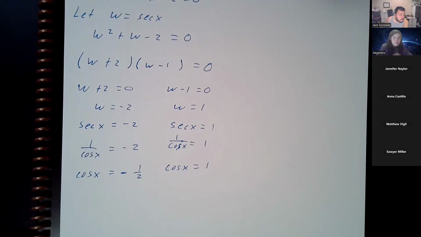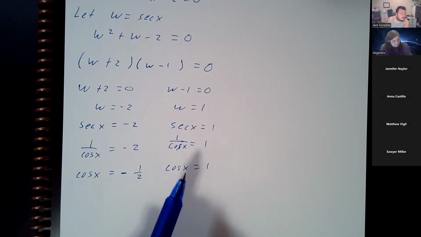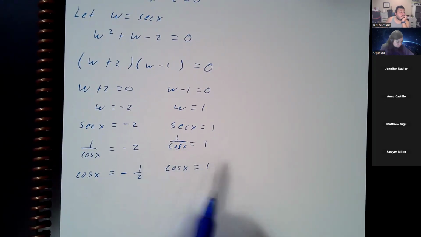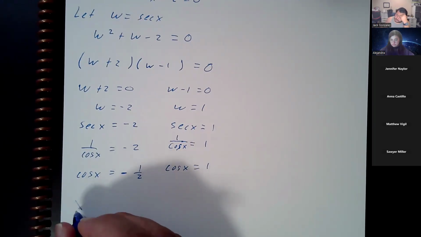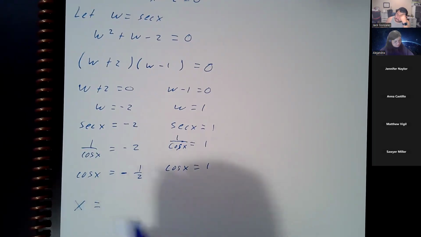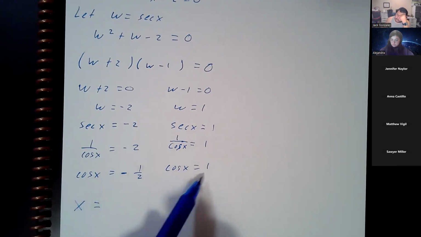The reciprocal of 1 is still 1, so that didn't really matter. But it looks better, right? What are the solutions? When is cosine equal to negative half and 1?